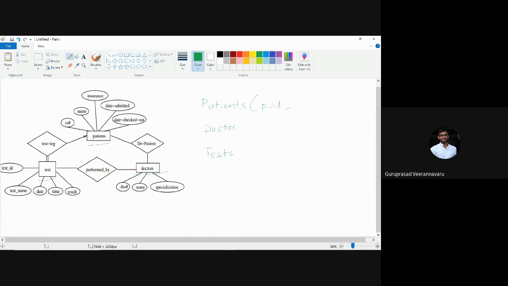Patient will have the normal patient ID and all these properties. Doctor will also have different properties, doctor ID, and so on. Because every test has to be there for a patient, we'll have patient ID in test, which will be a foreign key.